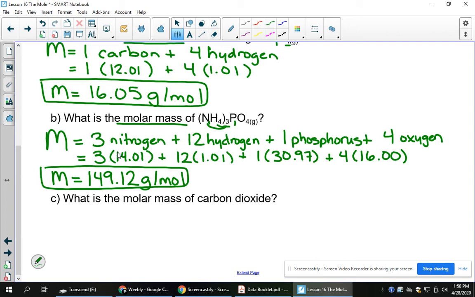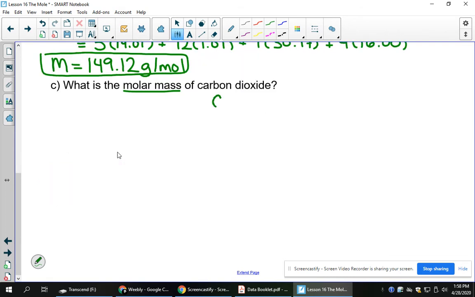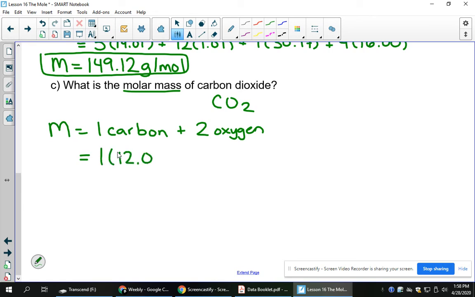Now, molar mass of carbon dioxide. Carbon dioxide is CO2. So I need to have 1 carbon and 2 oxygen. Both are elements that you've already looked up on the periodic table. So carbon is 12.01 and oxygen is 16.00 grams per mole.